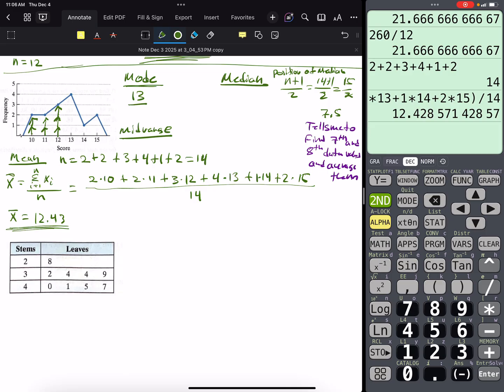And then my 8th data value is a 13. And so I have my 12 plus 13 divided by 2, which is going to be 12.5, right? It'll be 25 divided by 2. That's not a plus, that's an equals. I don't know why I wrote a plus there.